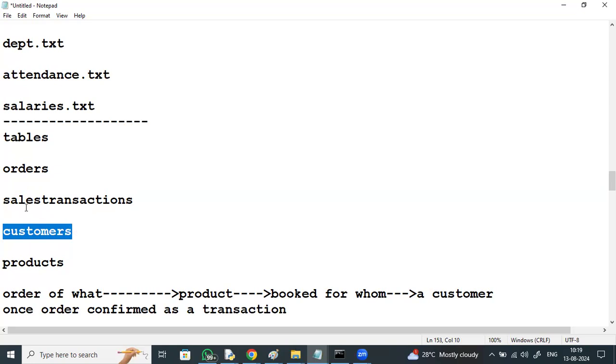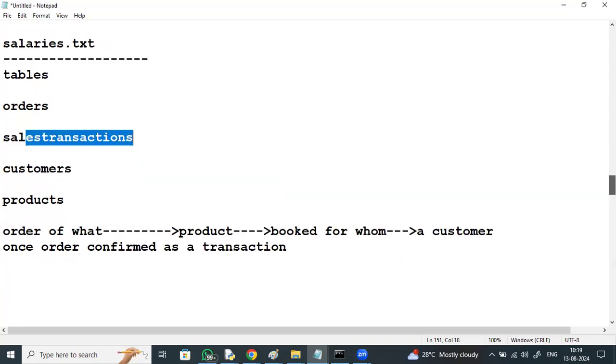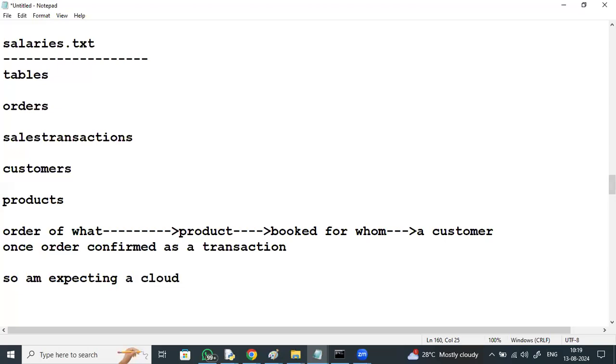Once that order is confirmed, it's a transaction. So what I'm expecting here is a cloud or DBMS.